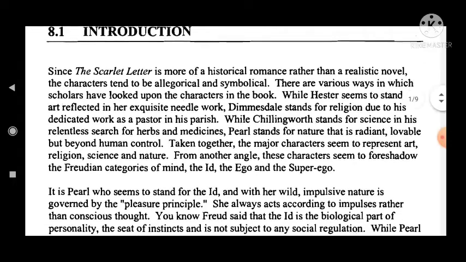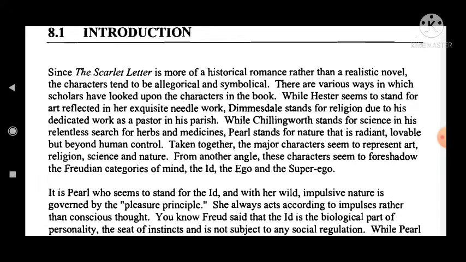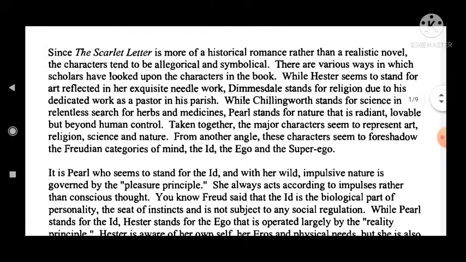While Chillingworth stands for science in his relentless search for herbs and medicines, Pearl stands for nature that is radiant, lovable but beyond human control. Taken together, the major characters seem to represent art, religion, science and nature.